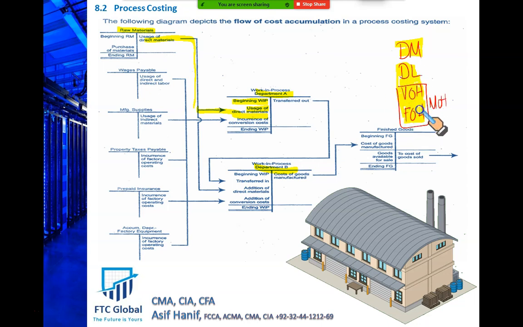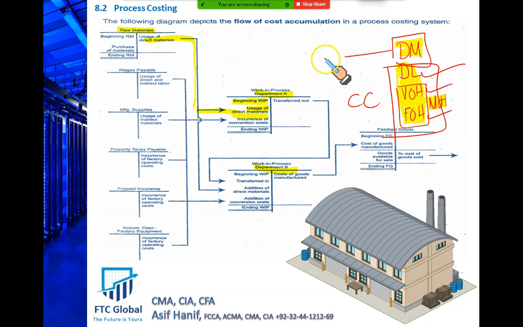Let me just include them in separate blocks. So this is your first category, material, and this is your second category, which includes direct labor, variable overhead, fixed overhead. This category of cost, gentlemen, is called the conversion cost. I hope you remember, conversion cost is the sum of direct labor plus manufacturing overhead.